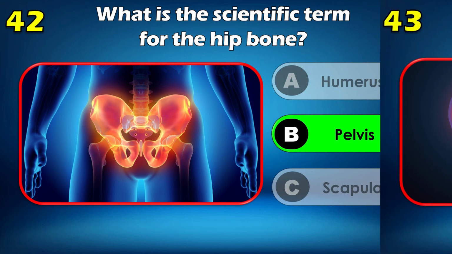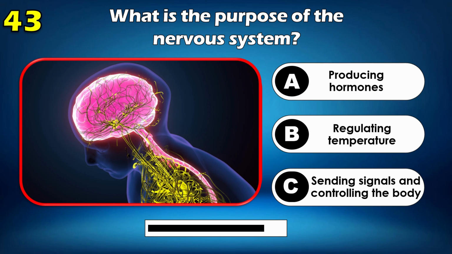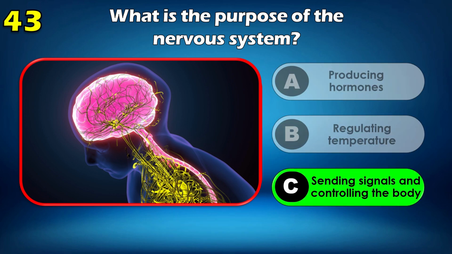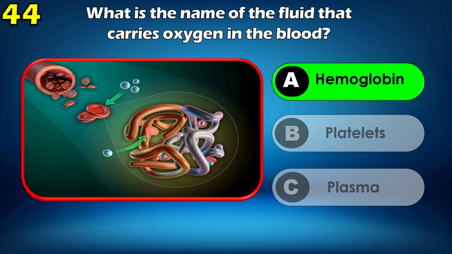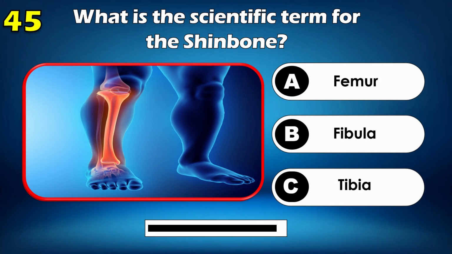Pelvis. What is the purpose of the nervous system? Sending signals and controlling the body. What is the name of the fluid that carries oxygen in the blood? Hemoglobin. What is the scientific term for the shin bone?